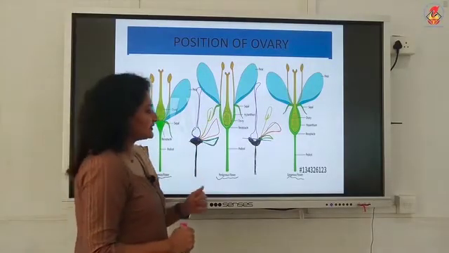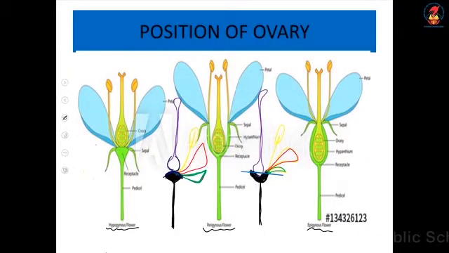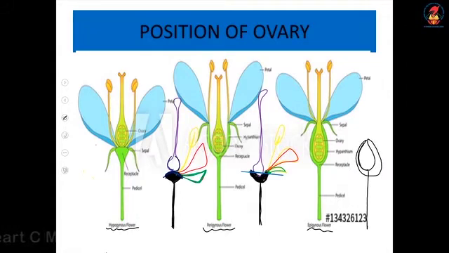Now, the last case, epigynous condition. Again, I am drawing the pedicel. Now, the thalamus is like a deep cup, very deep cup. It has become like a cup that the margin fuses on top. See, look at the thalamus. I am highlighting the thalamus.